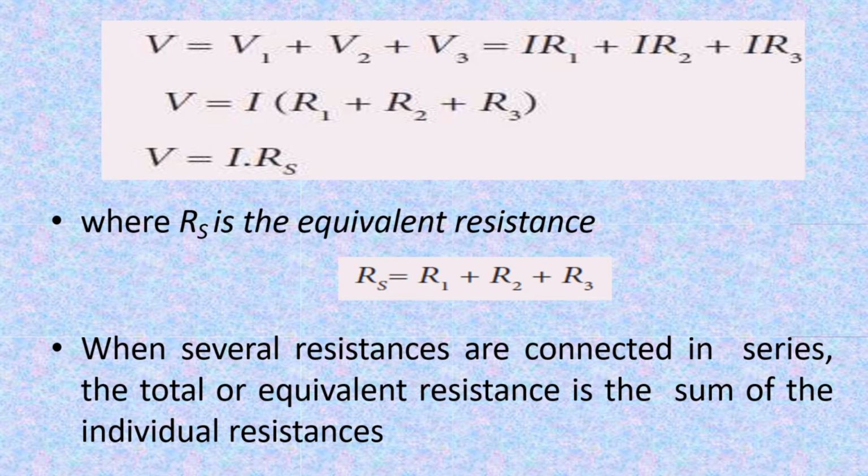So the final form of this formula will become V is equal to I times Rs, and you know that Rs is the equivalent resistance that will be equal to R1 plus R2 plus R3. When several resistances are connected in series, the total or equivalent resistance is the sum of the individual resistances.